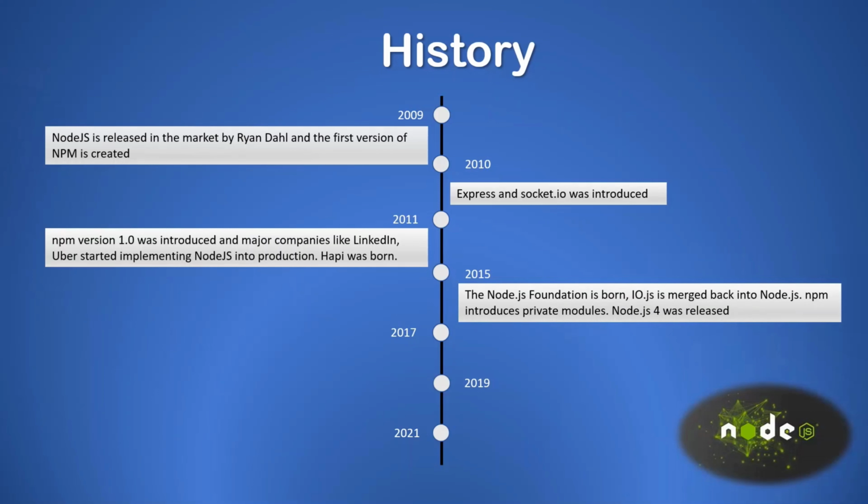In 2015, the Node.js Foundation was born. io.js was merged into Node.js. npm introduced private modules, and Node.js version 4 was released.